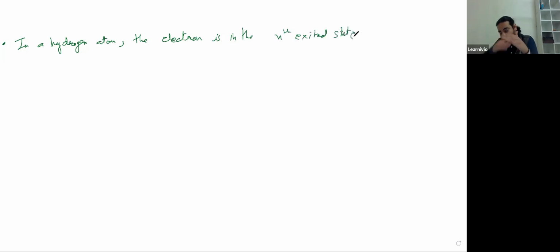So it's in the nth state. You have the ground state, which is the first state, and the rest of them are just the excited states. You have the first excited state, which is n is equal to 2, second excited state, n is equal to 3, third excited state, n is equal to 4, and so on and so forth. So the nth excited state would be the n plus 1th orbit.